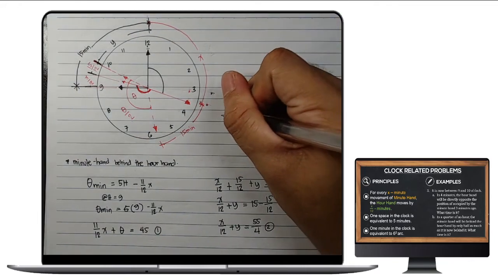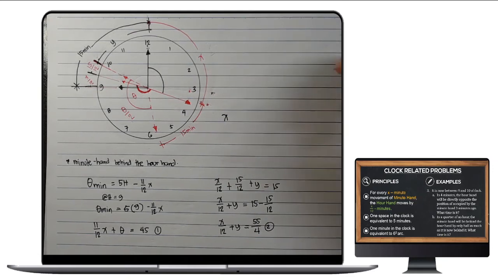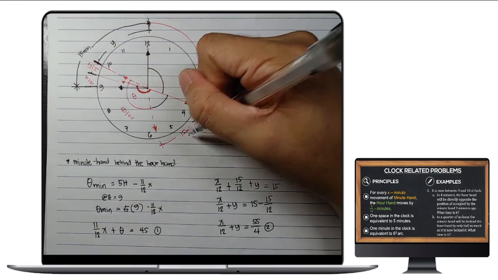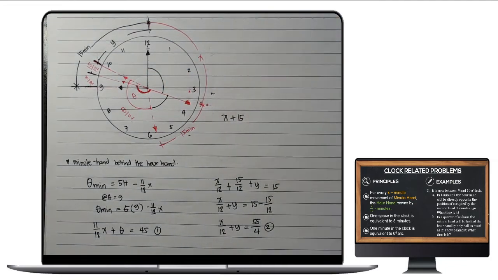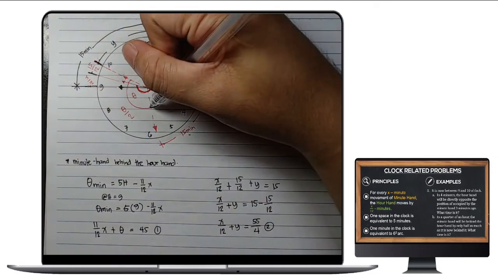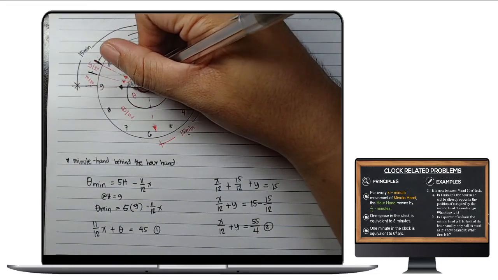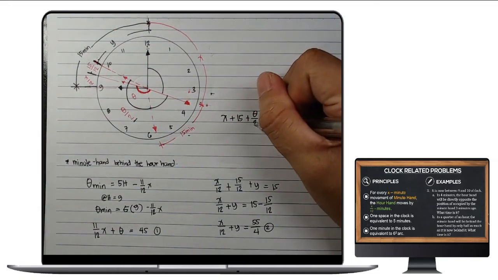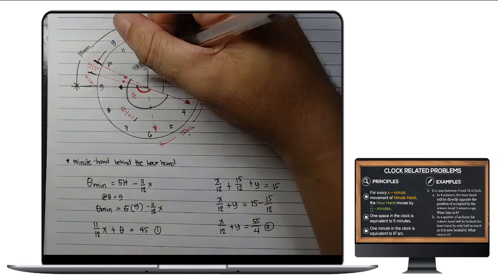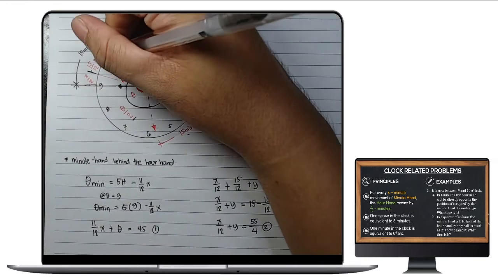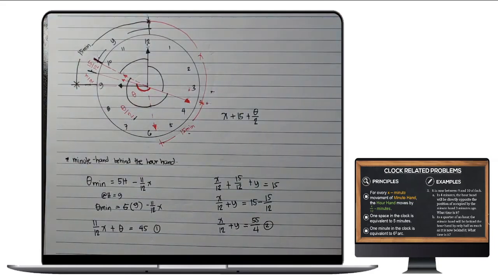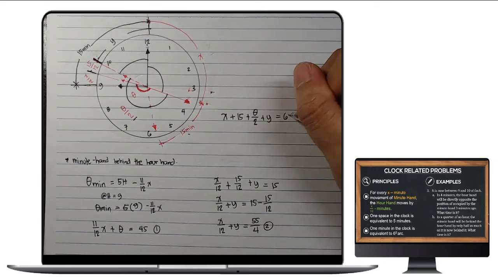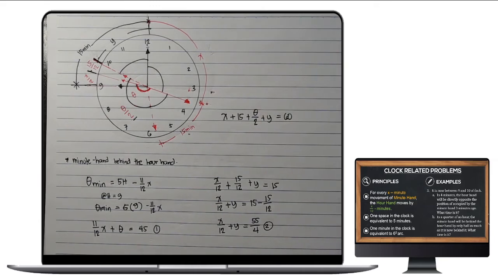So, we will have x, plus, this portion going to this portion is exactly 15 minutes. So, that is plus 15. Then, this part going to this part, that is theta over 2 plus theta over 2. Then, this portion from this point going to this point is simply y. So, plus y is equal to 60 minutes.